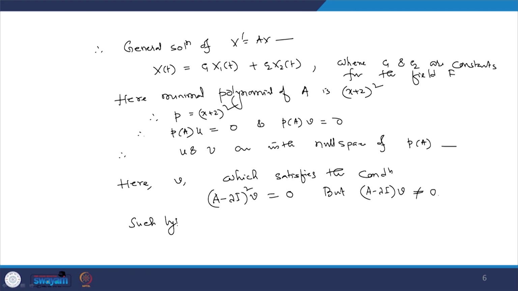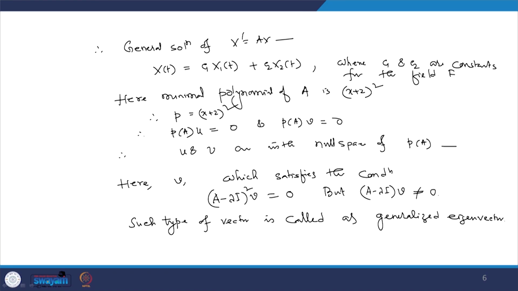Such a vector is called a generalized eigenvector.